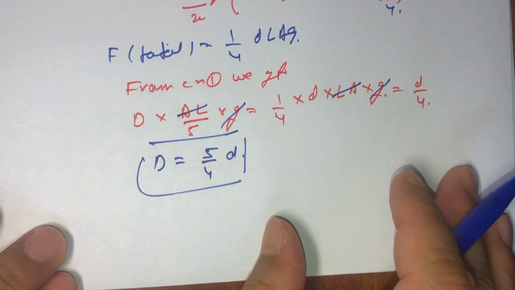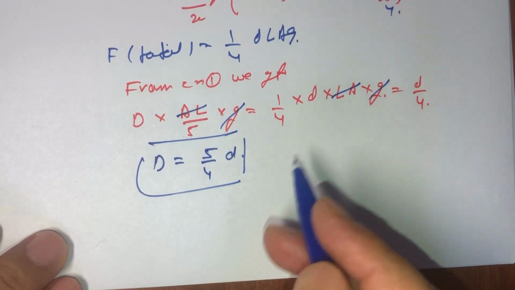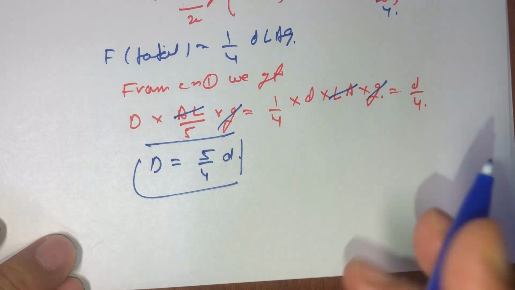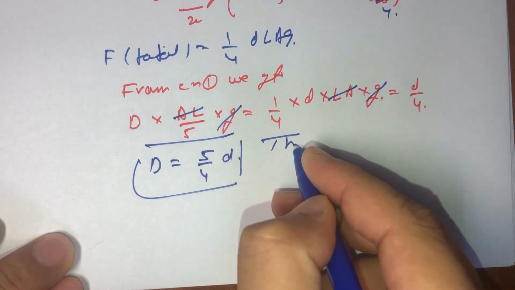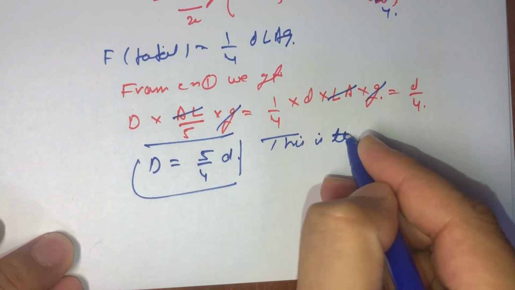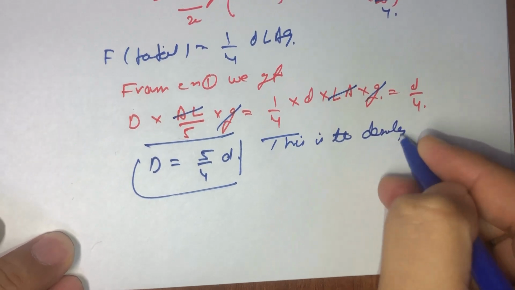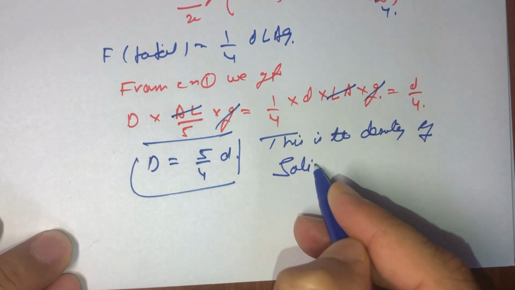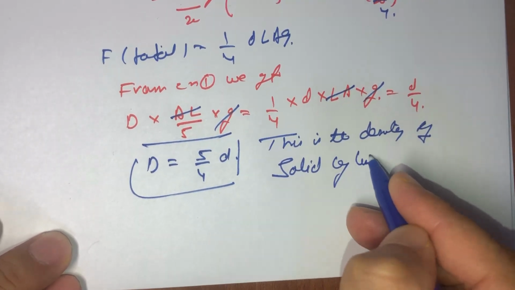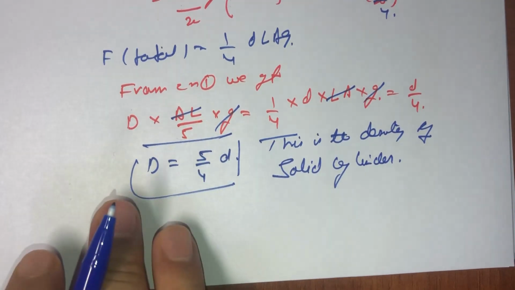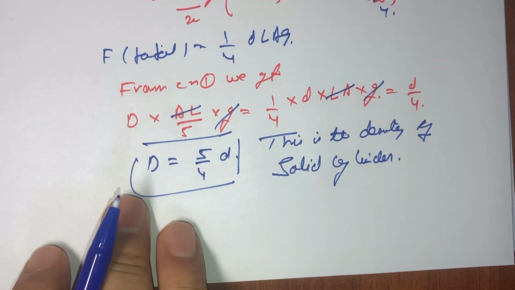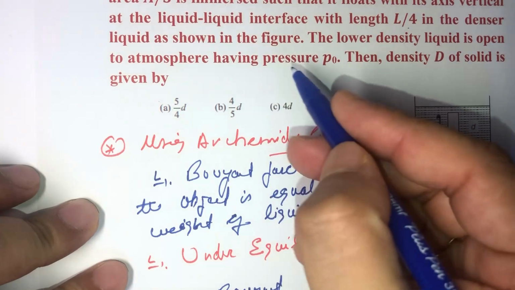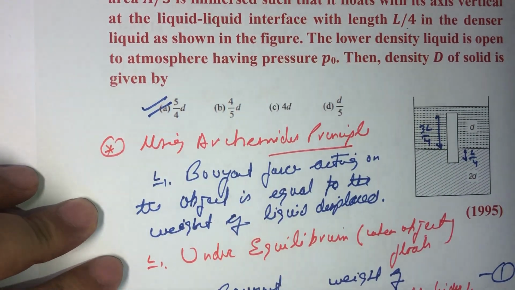This is the density of the solid cylinder. And if we see the options available to us, option A is the correct one.